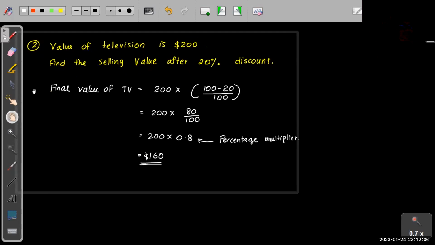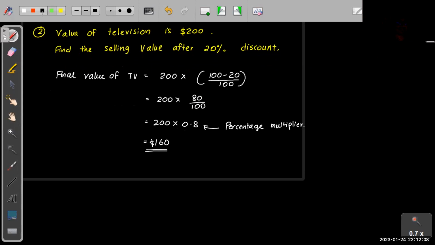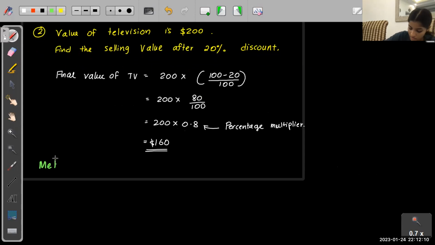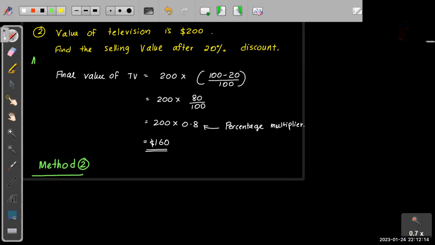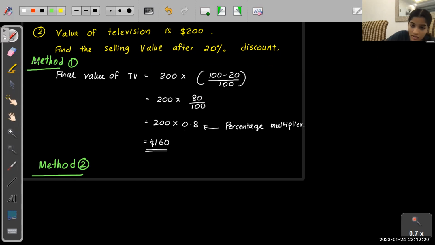Once I do that method, you will realize what I did. I'll write this method down. You write this as method 1. 200 minus 20 over 100, which equals 200 times 80 over 100.